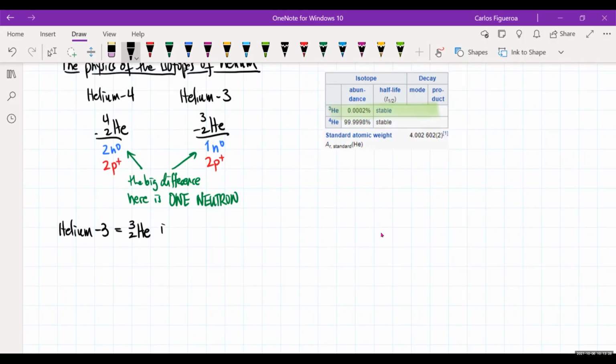Helium-3 has been studied extensively, yeah, in low temperature physics labs.